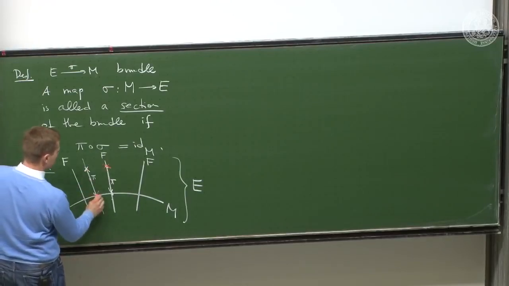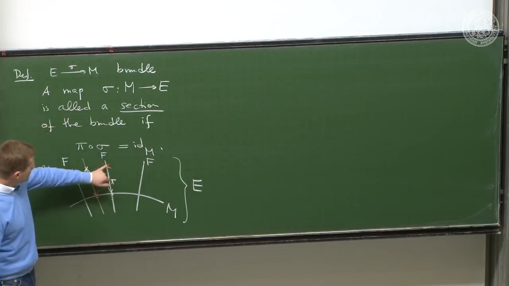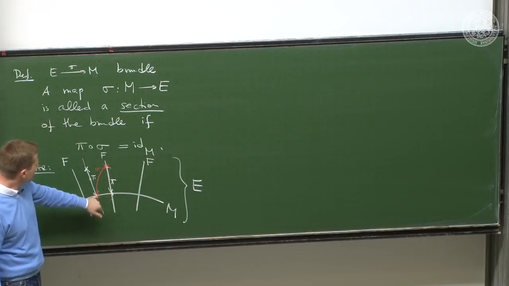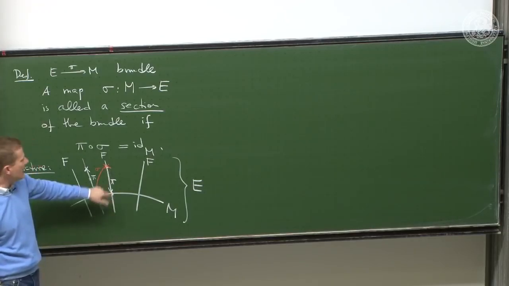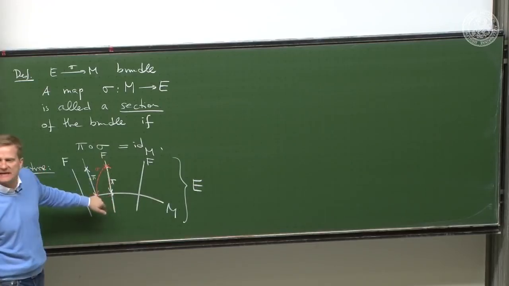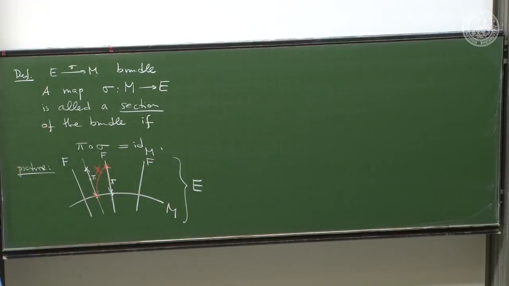But if I do this, so this would be where the map σ could take me, but then you apply the projection afterwards, and you do not end up at the same point in the manifold M. That means π after σ is not the identity on M. Hence, this is not a section. That's right. Clear?